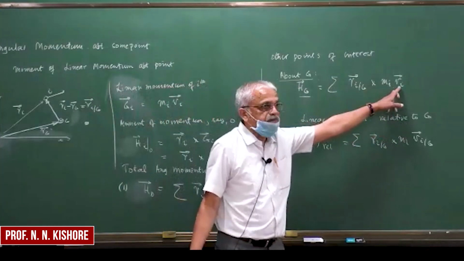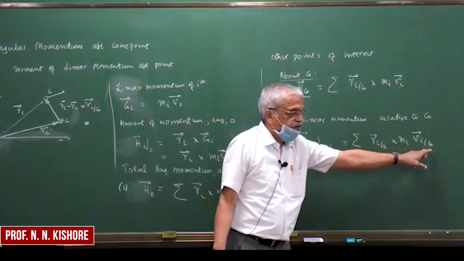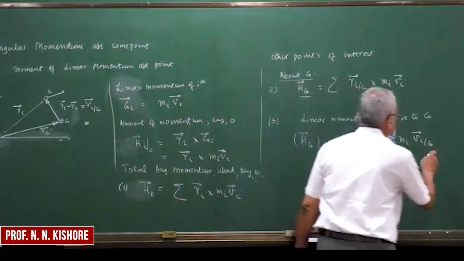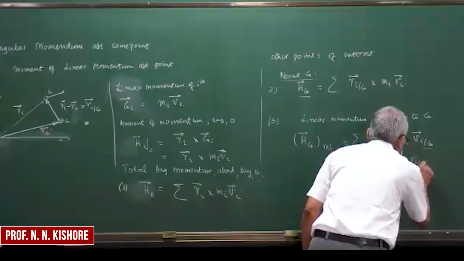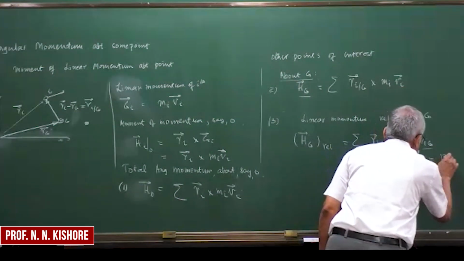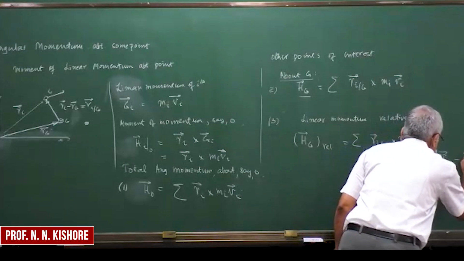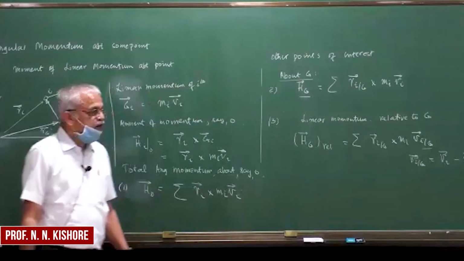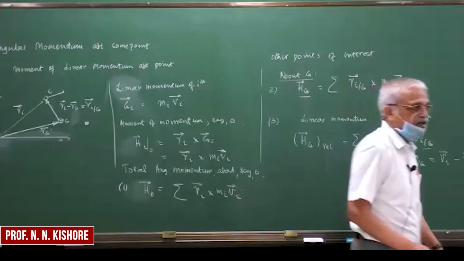Here this is the absolute velocity, whereas this is v_i with respect to G, the velocity of the ith particle with respect to G. So here v_i/G is nothing but... right. So this is how another quantity H_G is defined.